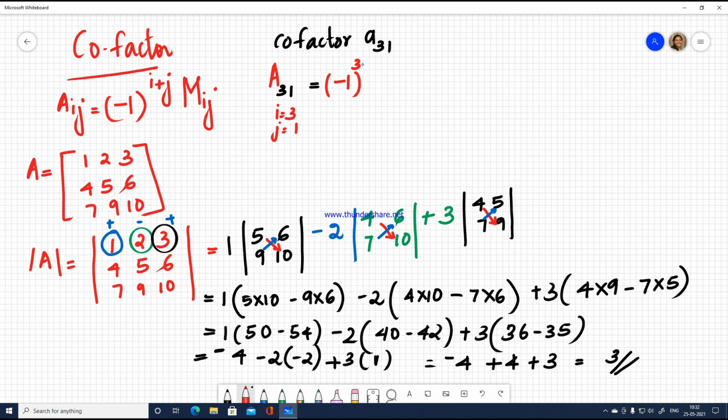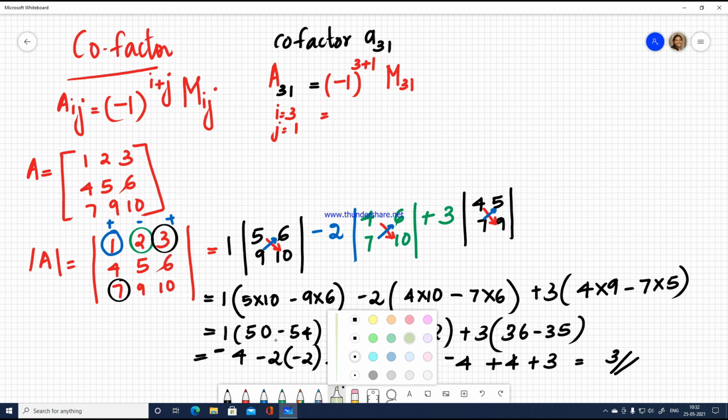So it is 3 plus 1, M31. How do you find M31? Where is the corresponding element A31? So this is A31.